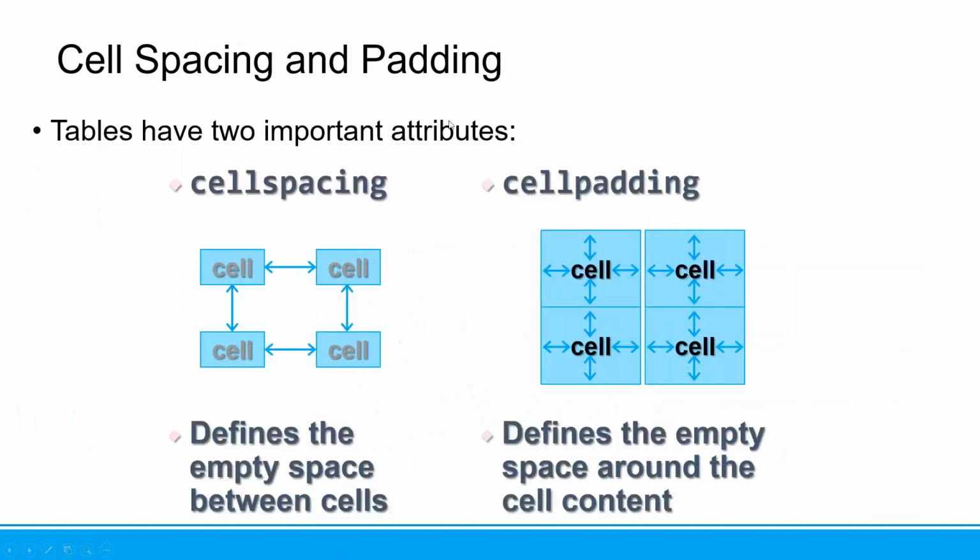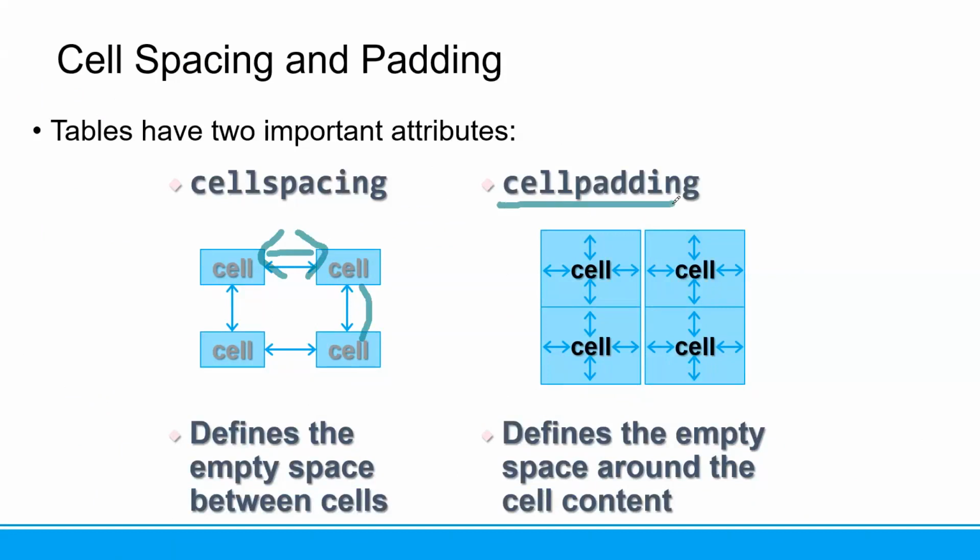These are two important attributes for a table. Cell spacing means we want to define how much space should be in between the cells.